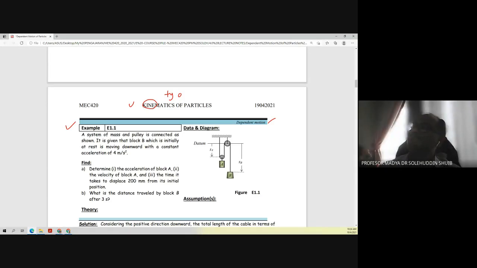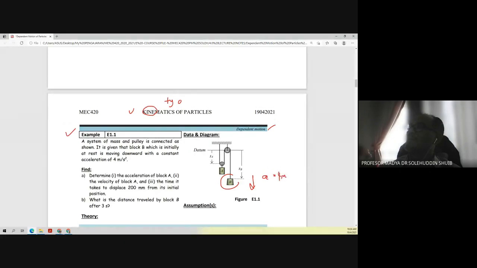These are the information given in the problem. This block, initially at rest, is moving downward with constant acceleration of 4 meter per second square. So what you need to do, we find acceleration of block A.